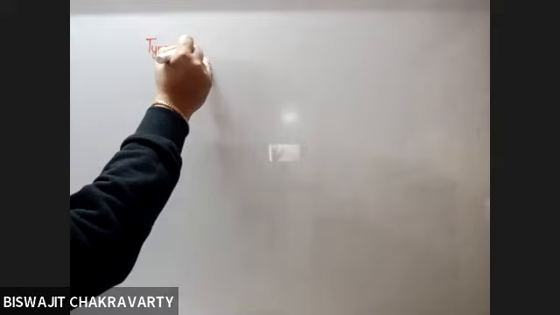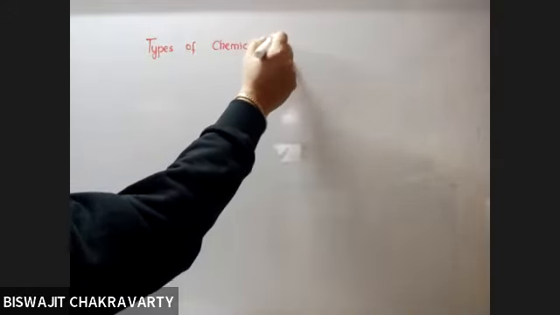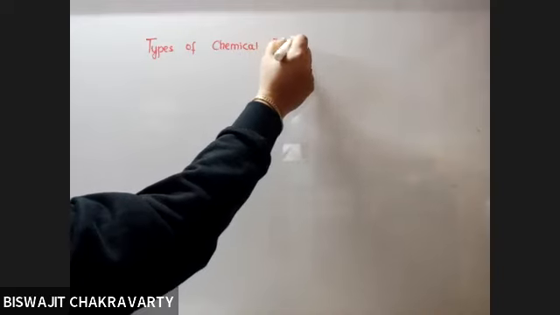So after discussion of the characteristics of equilibrium constant, the next thing that we are going to discuss are the types of chemical equilibrium.